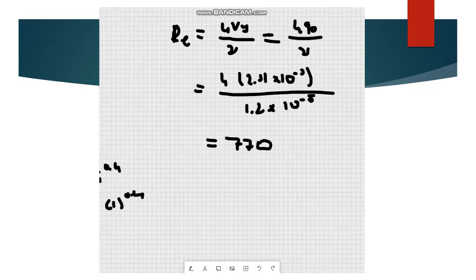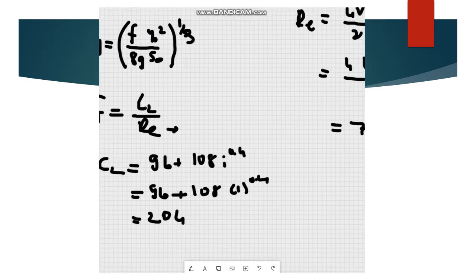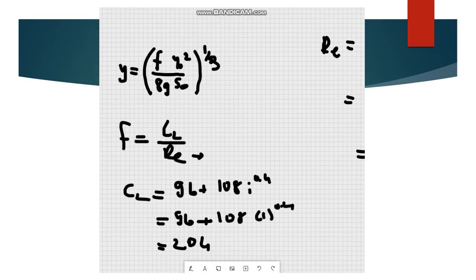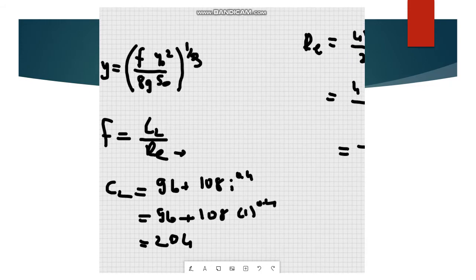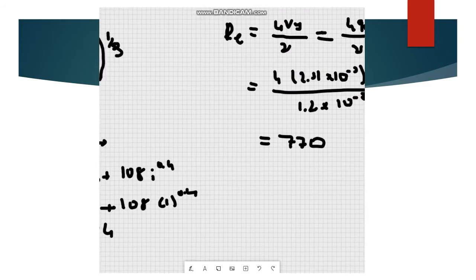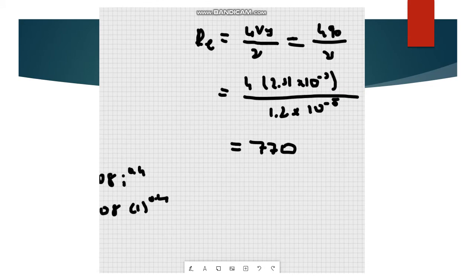Okay, let's go back to this formula. We can use it to calculate y now, because we can calculate f.